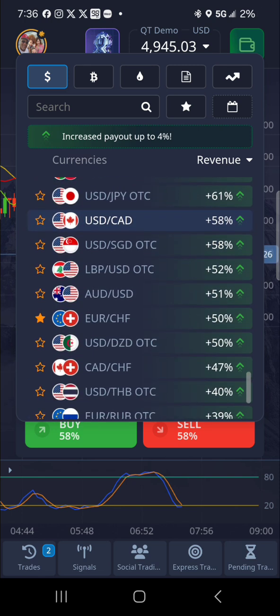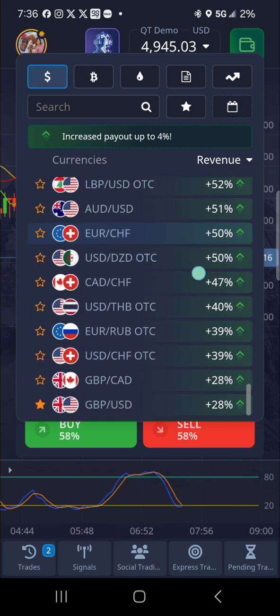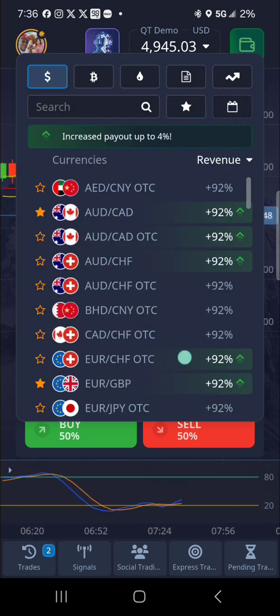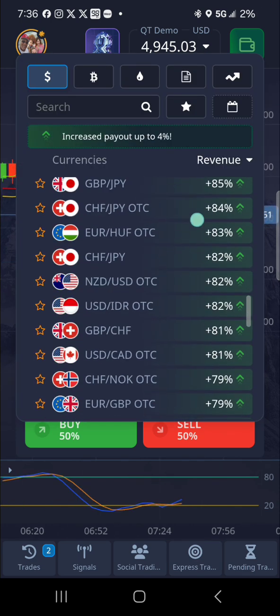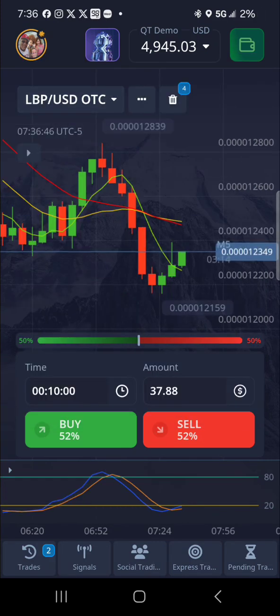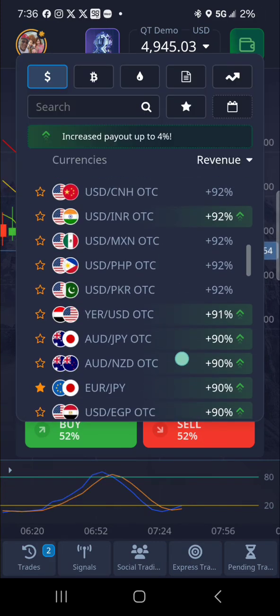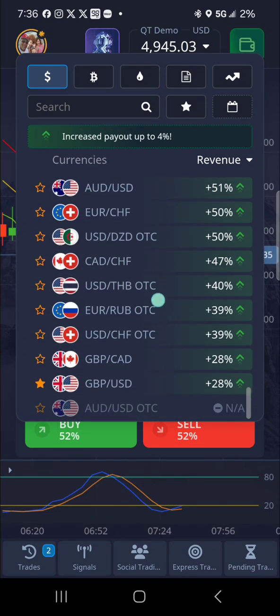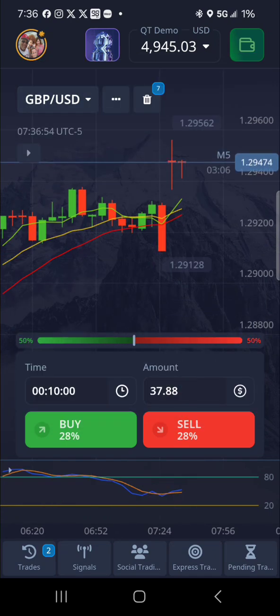Okay, and then Euro CHF is only paying 50%. Take that off. Not good anyway. And then I saw one last one down here. GBP USD. Goodness gracious, paying 28%. I'm gonna take that off.